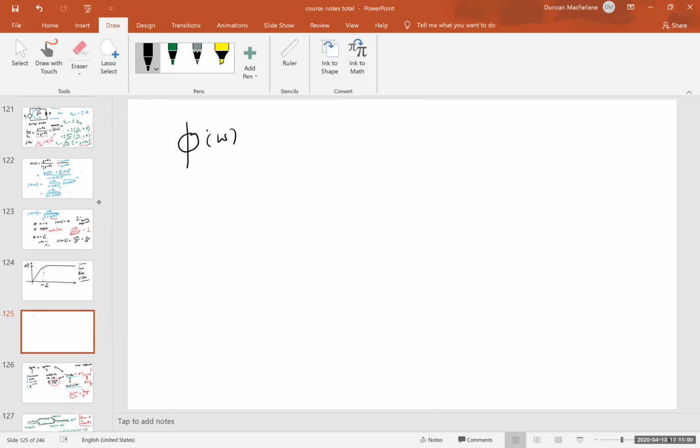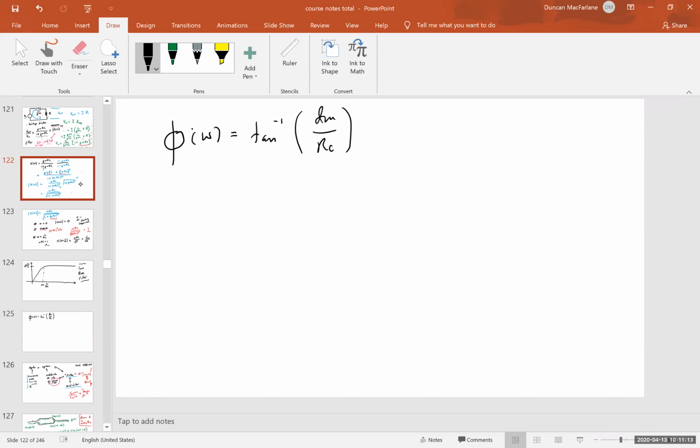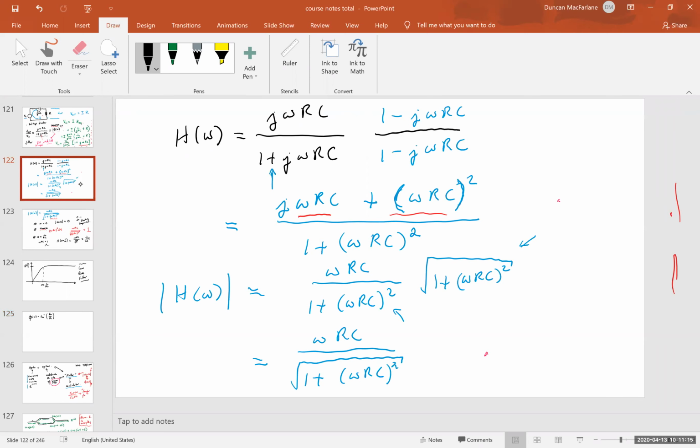The phase response is the inverse tangent of the imaginary part over the real part. And if I go back to this, notice that my imaginary part is omega RC over this denominator. And notice that my real part is this omega RC squared over the same denominator.